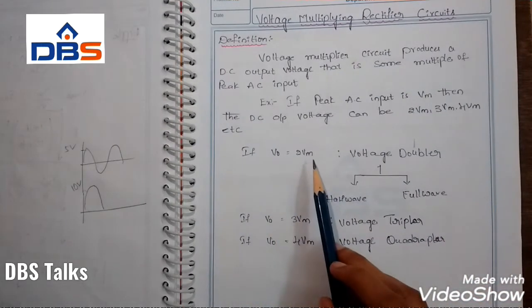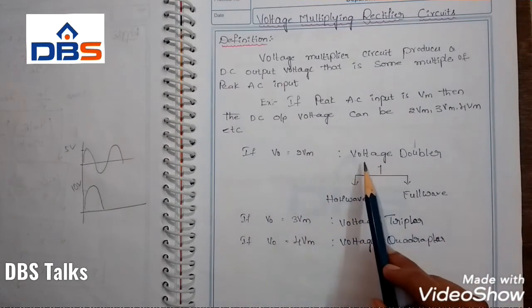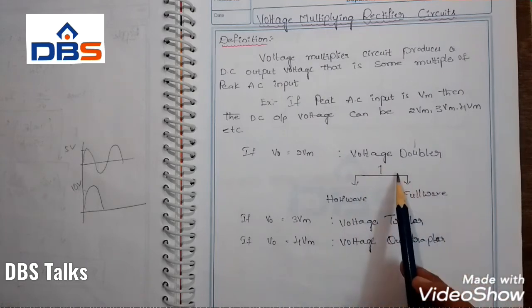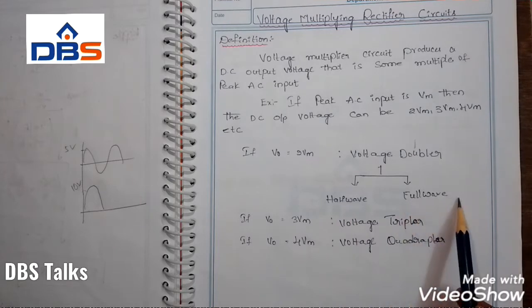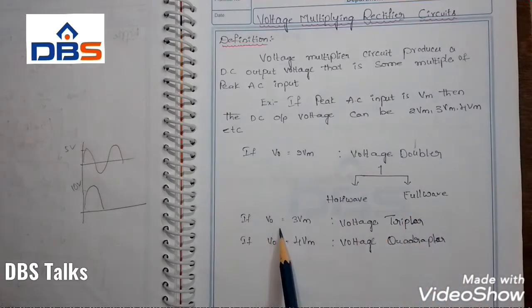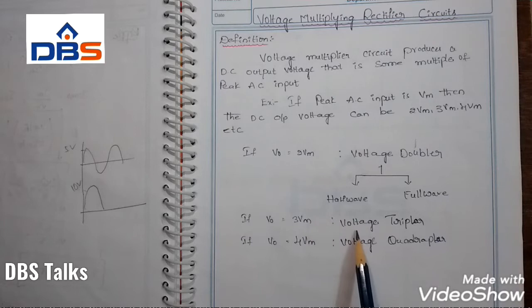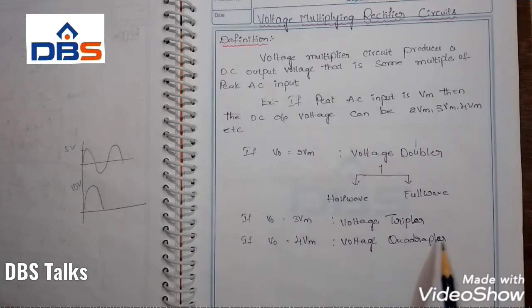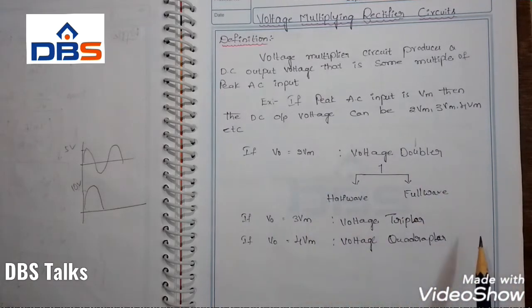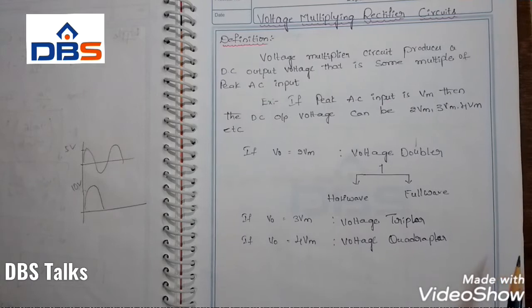If the output is 2Vm, it is a voltage doubler circuit, of two types: half wave voltage doubler and full wave voltage doubler. If V0 is equal to 3Vm, it is a voltage tripler. If V0 is equal to 4Vm, it is a voltage quadrupler. For all of these we have different circuit diagrams. We will see each circuit diagram now.